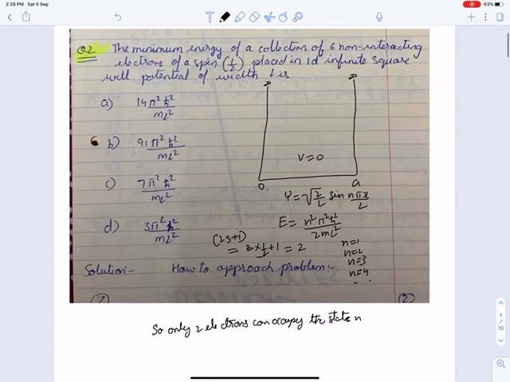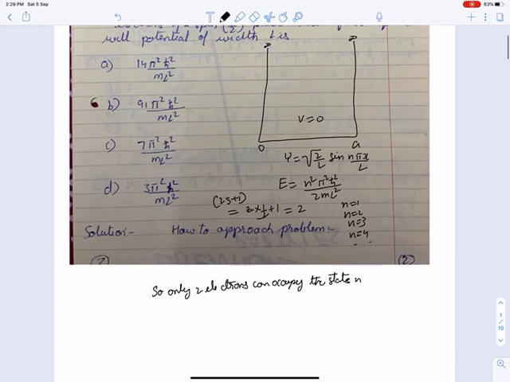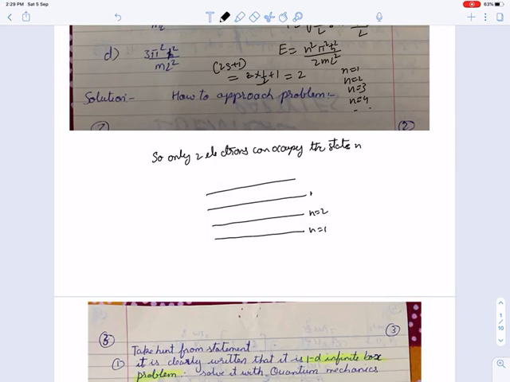So if I do the filling, this is n equal to 1, n equal to 2, n equal to 3, n equal to 4, n equal to 5.